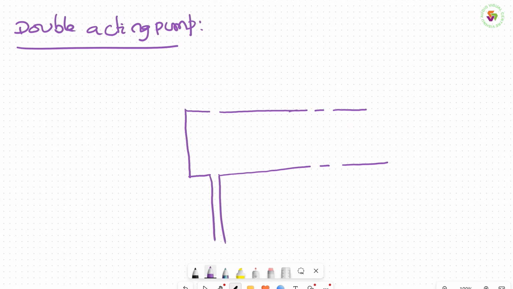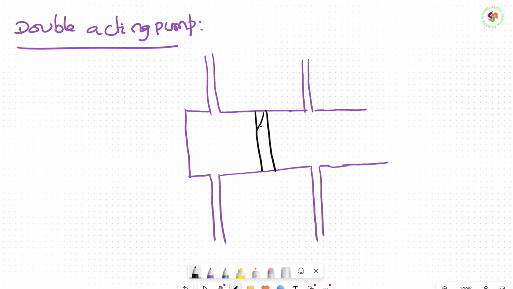This is the suction pipe, this is the delivery pipe. Understood? Now the piston is here. The rest of the figure is the same.